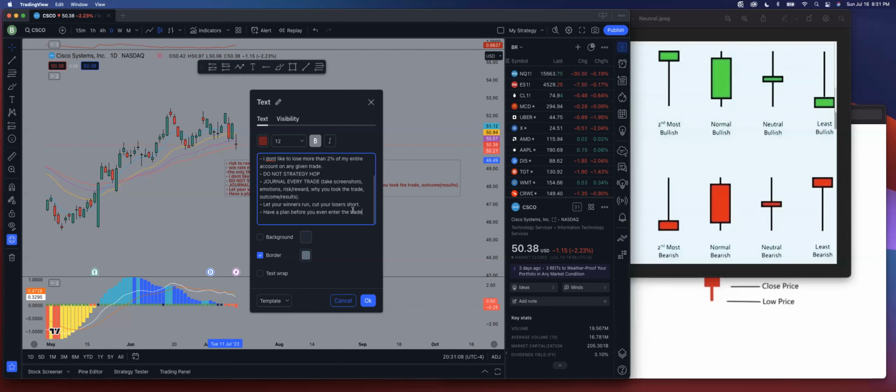You need to know what you need to see in order to get in, where you're going to take profit if it hits your target, and where you're going to stop out. All of that needs to be decided. And also, most definitely, you need to know why you're taking this trade in the first place.